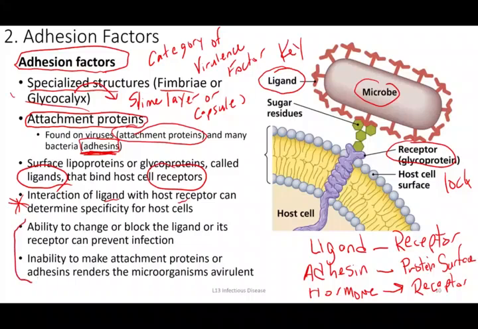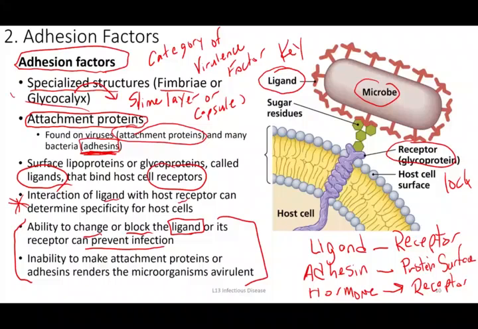These last two just point to the importance of these adhesion factors. So if we change or block the ability of that bacteria or microorganism ligand, so that key, it can prevent the process of infection and disease. So the analogy would be if you stuck gum in the lock or you took the key and kind of filed it down, that key no longer works.